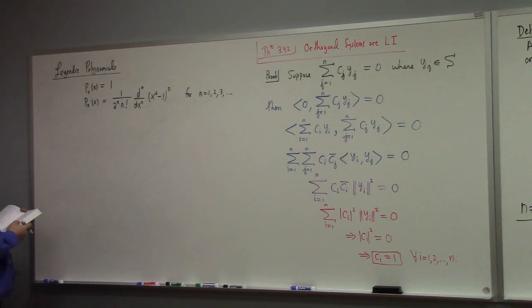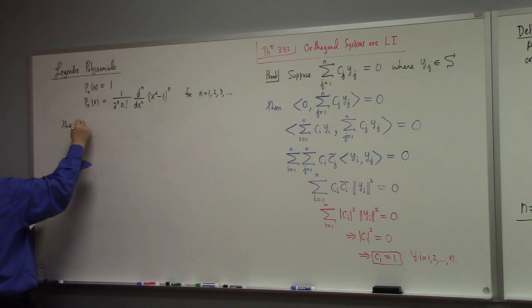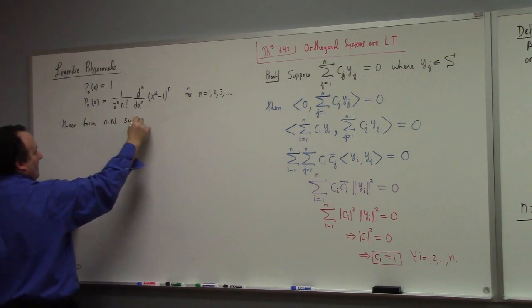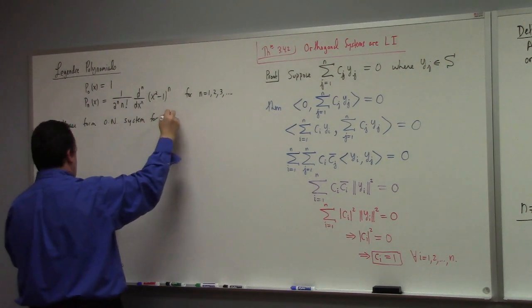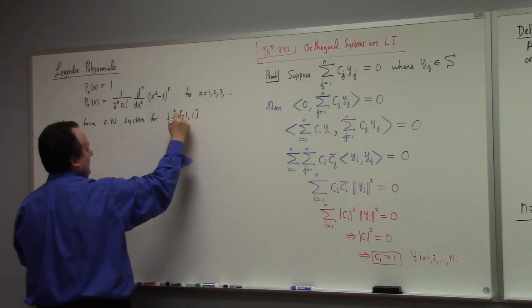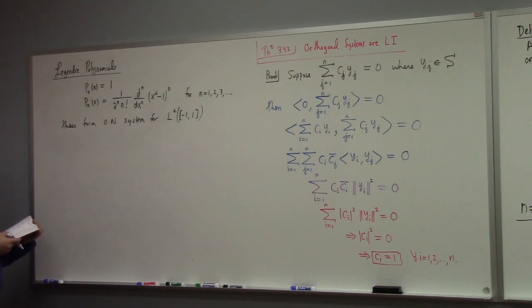Now he says that these form an orthonormal system for L2 minus 1 to 1. For convenience, we write, oh, okay.